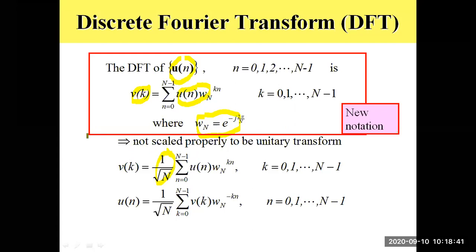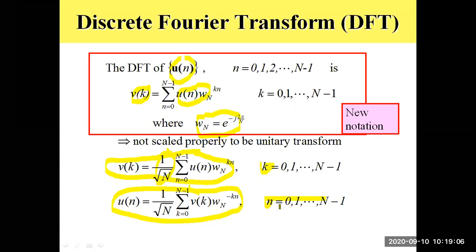This is our actual one-dimensional transform. We have already discussed the one-dimensional forward discrete Fourier transform, and this is the one-dimensional reverse transform. k indicates frequency and n indicates time.